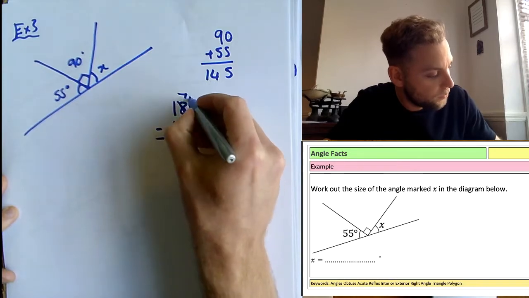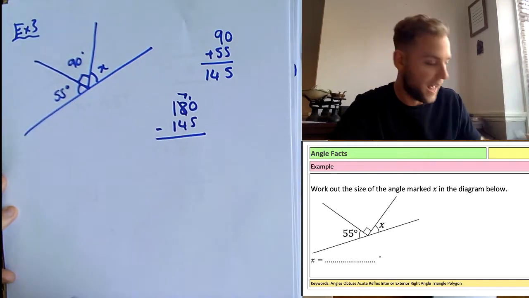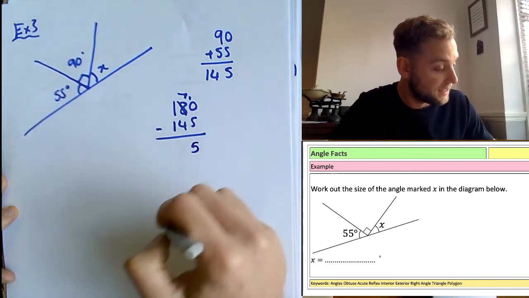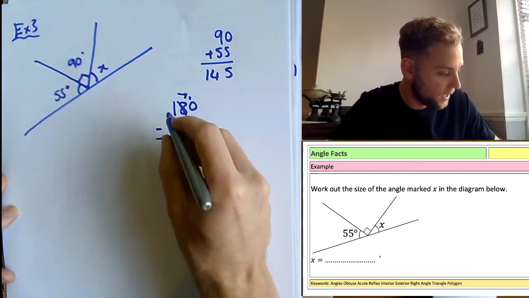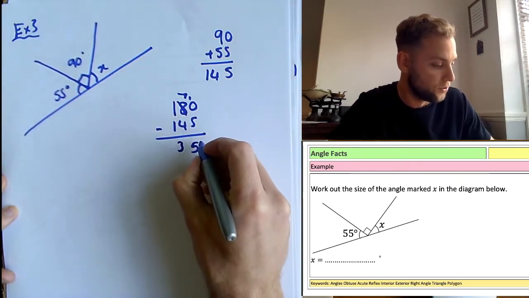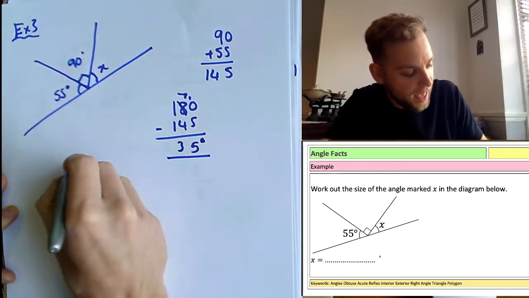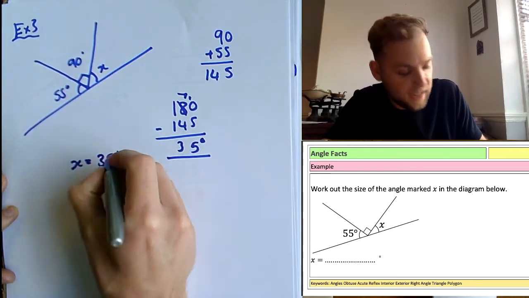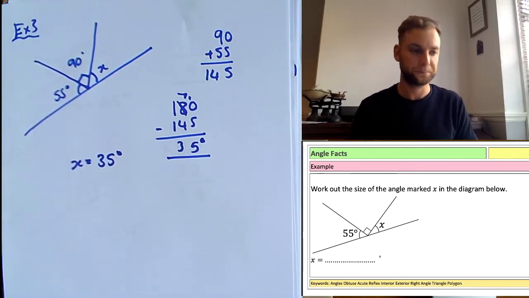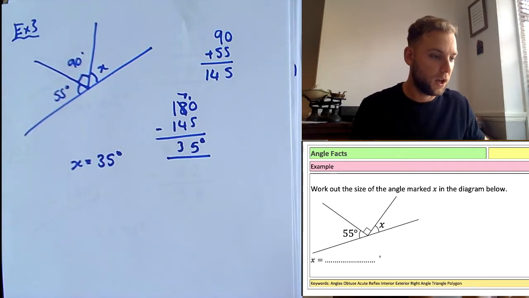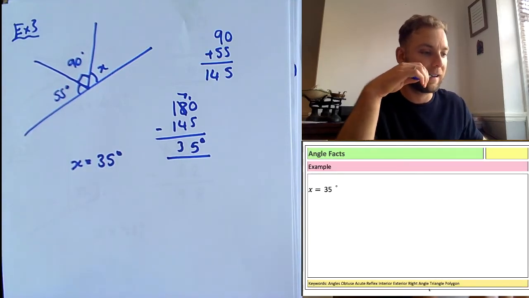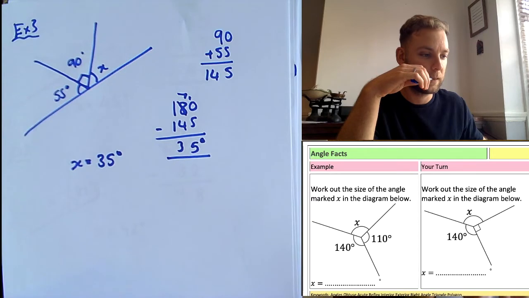So that one there becomes 7 and that one's 10. So 10 take away 5 is 5. 7 take away 4 is equal to 3. And 1 take away 1 is equal to nothing. So I'm just left with x equal to 35. Nice and straightforward. Brilliant. So let's have a look now at our next question.